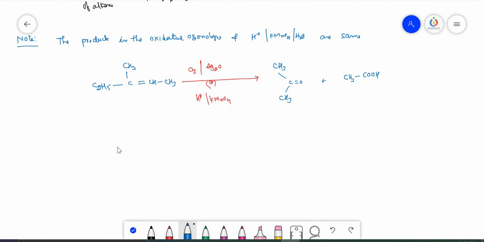Let's take 2-3 molecules also with the same combination. CH2, CH double bond CH2. So you put the H plus KMnO4, then you will get CH3CH2COOH plus CO2.